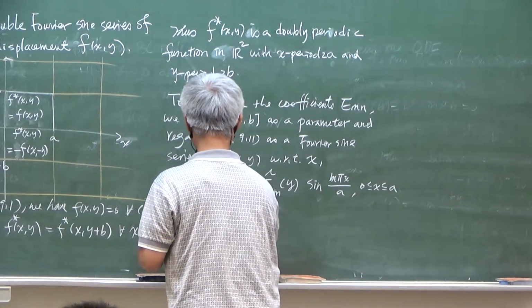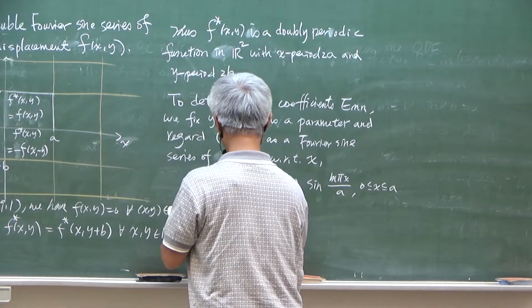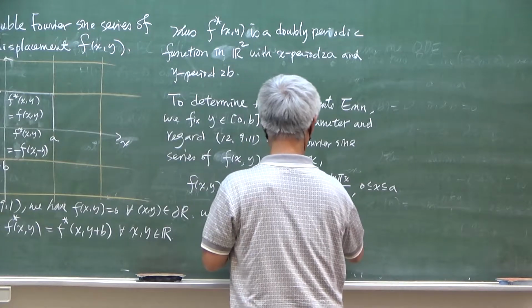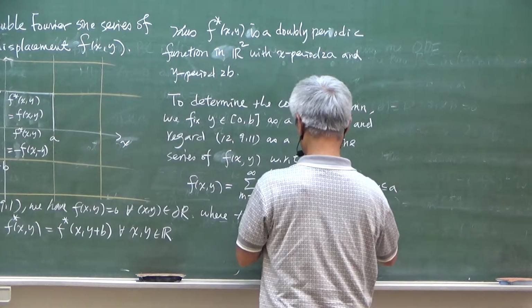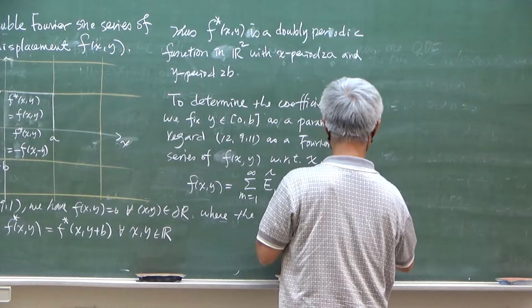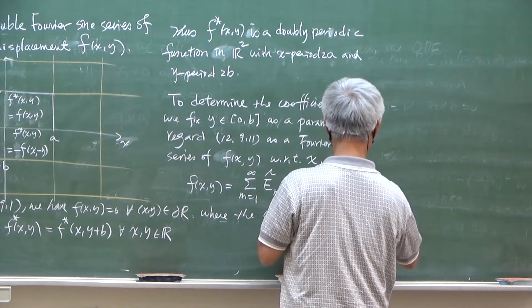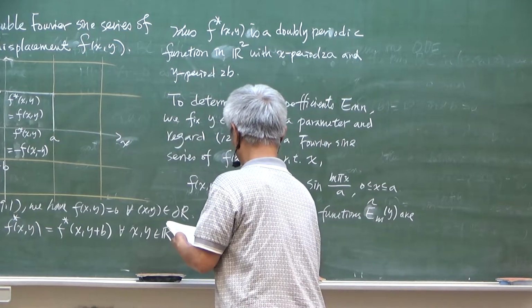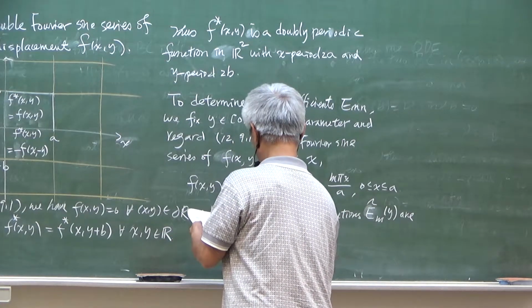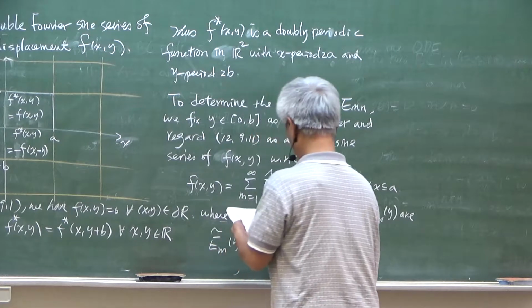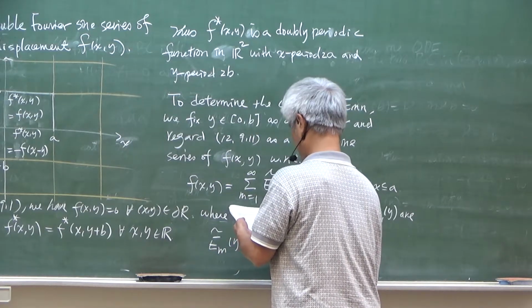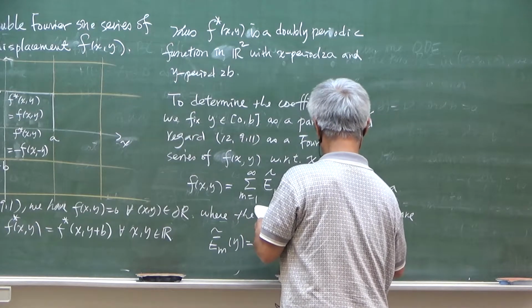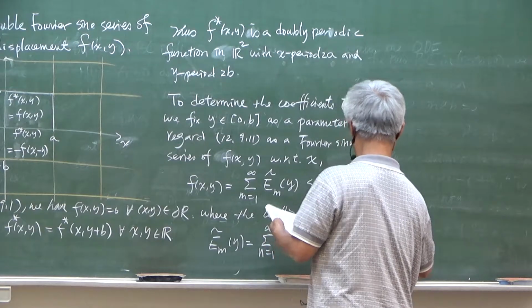With that expansion, we know the coefficient functions E tilde_m(y) is actually equal to the summation over n of E_mn sine(n pi y / b).